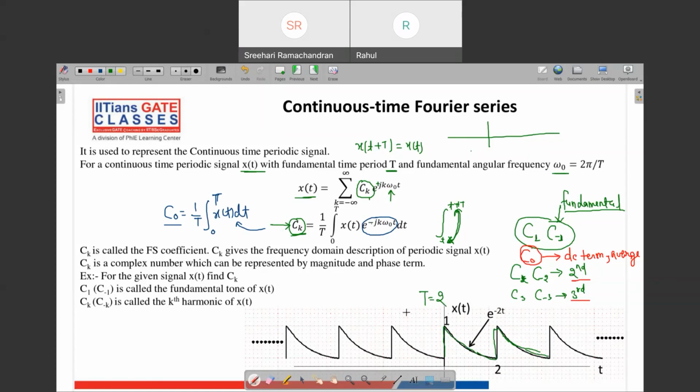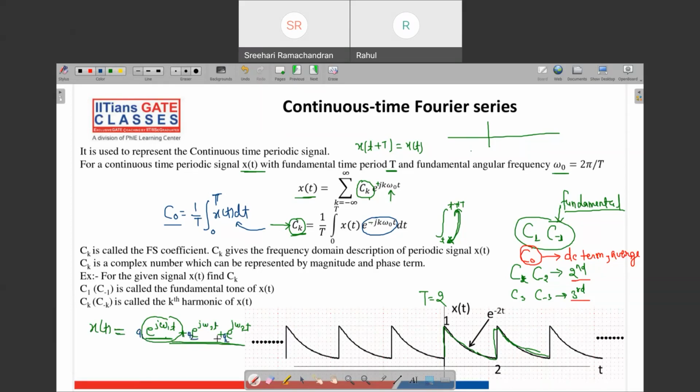Let's say I have x of t and I am adding all the frequency content. Let's say e to the power j omega 1 t plus, this is what we call a basic eigenfunction. So x of t will be a summation of a lot of these terms: e to the j omega 2 t, j omega 3 t, and so on, with some weightage, let's say a1, a2, and so on.